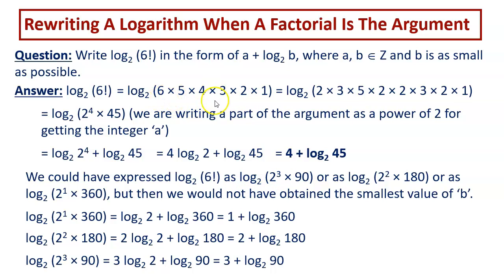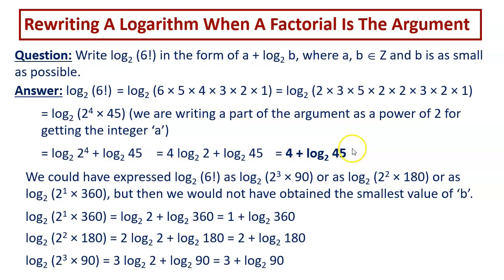And we have taken all the other numbers, grouped them, and formed the second group. 6 times 5 is 30, and 30 times 3 is 90. So it is 2 to the power of 3 times 90. And you see, if we take this, log of 2 to the power of 3 times 90 to the base 2 is equal to 3 times log of 2 to the base 2, which will be equal to 1. It should be 3 plus log of 90 to the base 2. So the b value becomes equal to 90, which is more than 45.